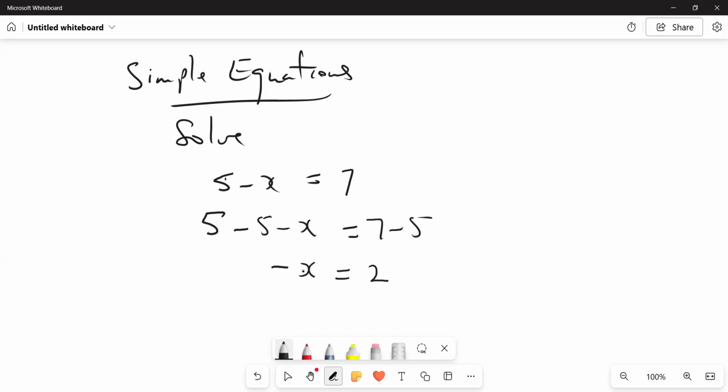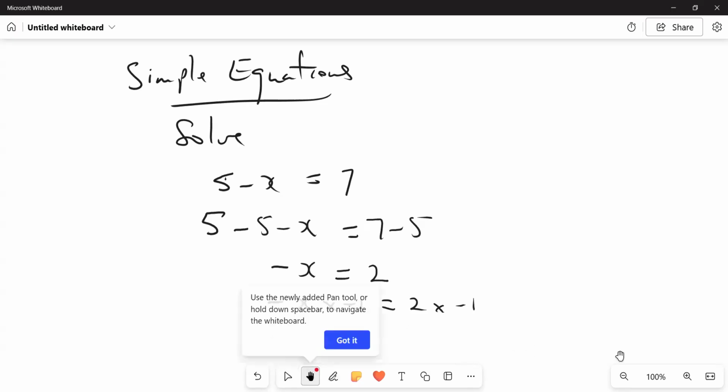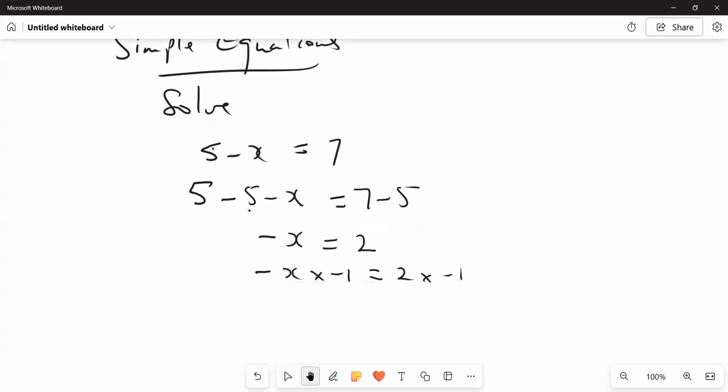But you haven't found x yet, you have minus x. So what you can do then is multiply both sides by minus 1. And what do you get? You get positive x, because minus x times minus 1 gives you positive x, is equal to minus 2. Right, that's one approach.